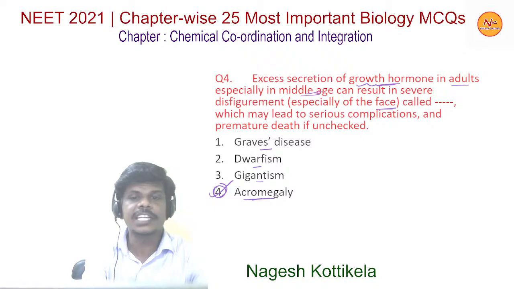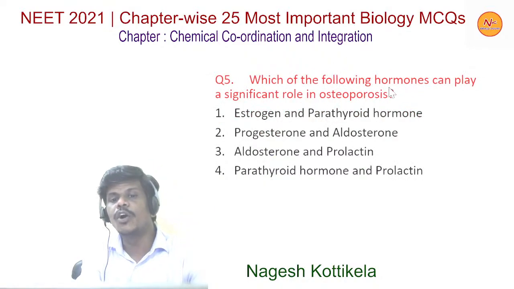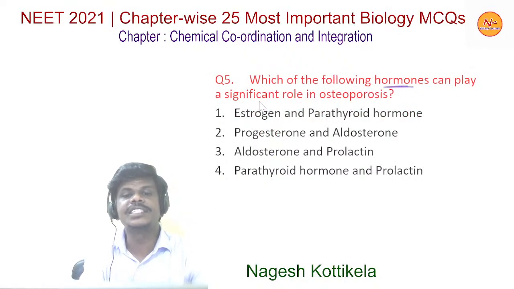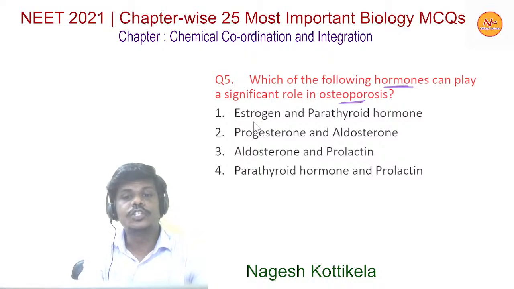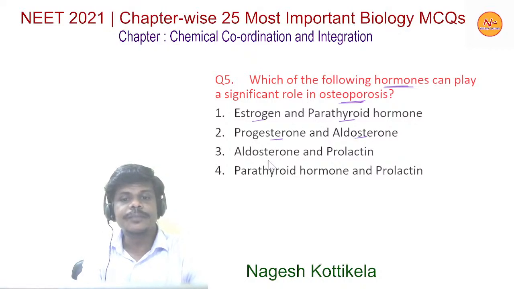Now moving to the next question, which of the following hormones can play a significant role in osteoporosis? Here option 1, estrogen and parathyroid hormone, and option 2, progesterone and aldosterone, option 3, aldosterone and prolactin, option 4, parathyroid hormone and prolactin.